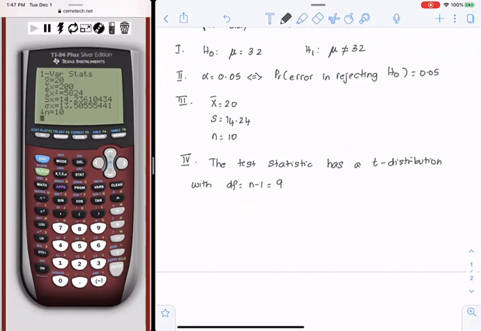And just because we have a two-tailed test doesn't mean we would have a different distribution. May it be a two-tailed, right-tailed, or left-tailed test, step 4 is always the same. We just have to change the degrees of freedom.